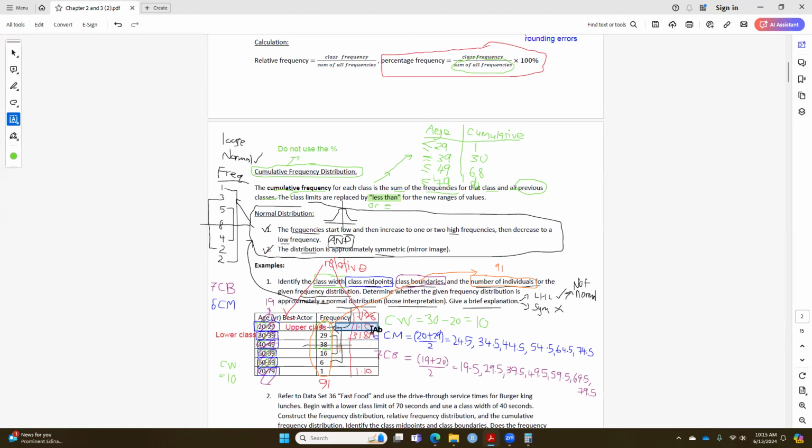So they use 1.1 and then add 1.1 with 31.8 and keep adding. That will be considered wrong. So please do not use the percentage numbers when you calculate the cumulative frequency. Otherwise, you end up with wrong answers. Any questions here with the cumulative?